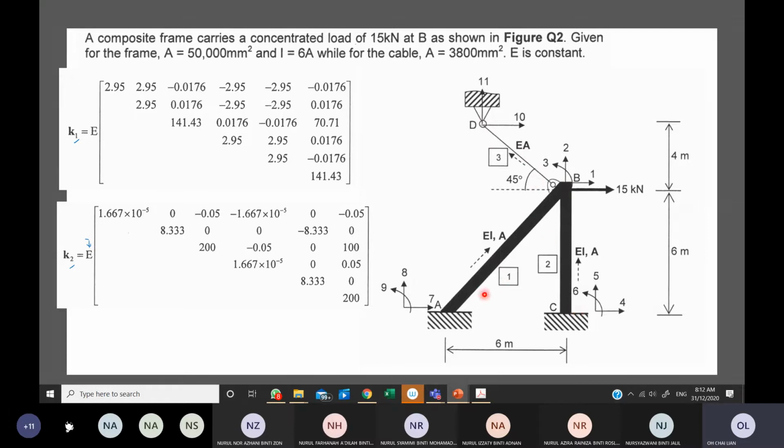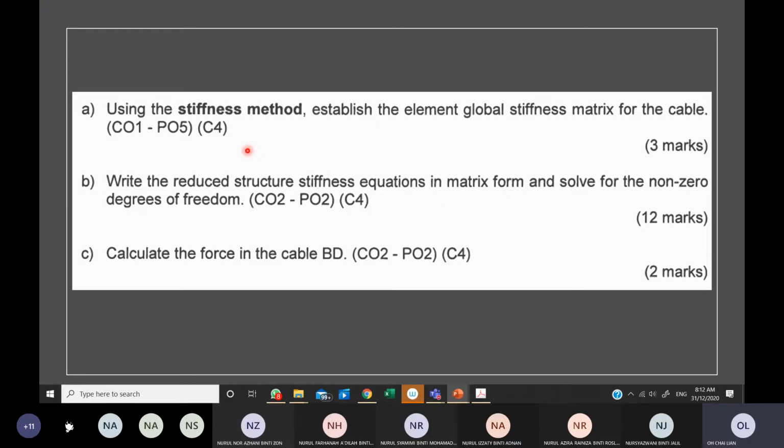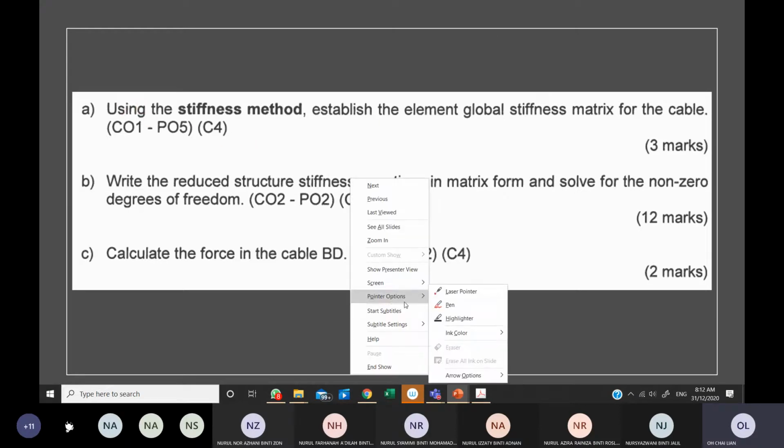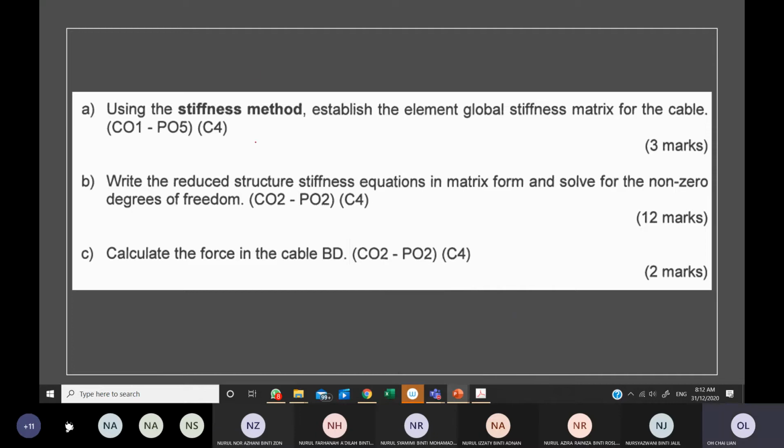Element 1 and element 2 have been given the element stiffness matrix in global, but K3 is not given. So for part A, we are finding K3 for this problem. You need to do this very fast because there are only 3 marks here.